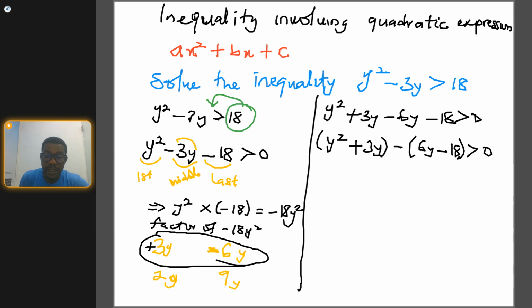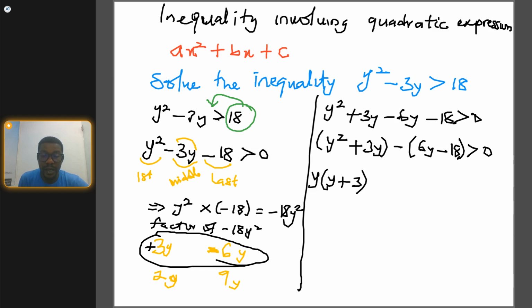What is common is the letter y. So if I factorize y, I'm going to have y inside the bracket, then plus 3 close the bracket. Now take note that anything you have in the first bracket must also be represented in the second bracket.